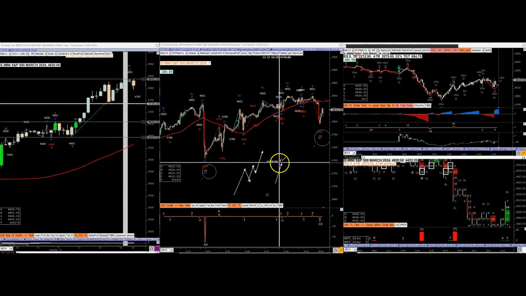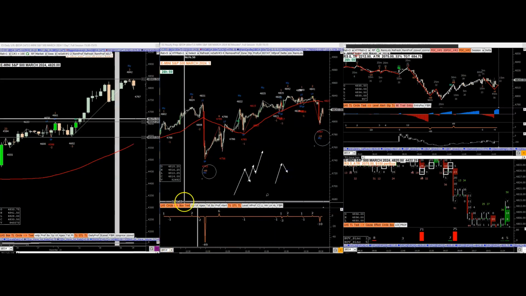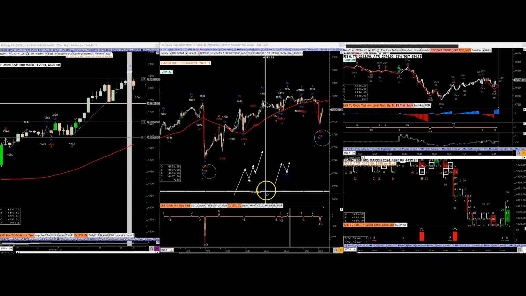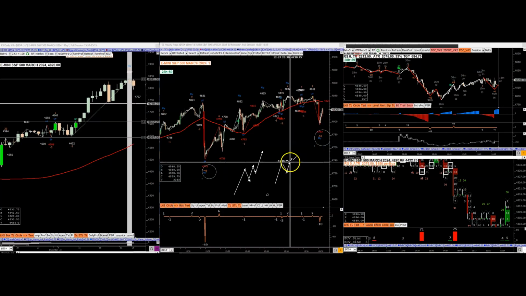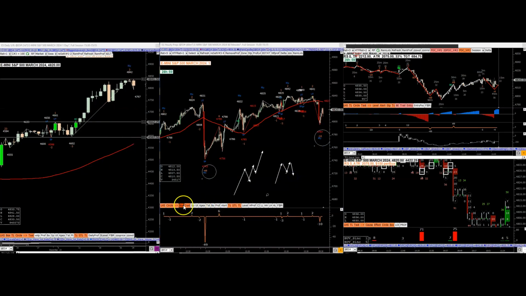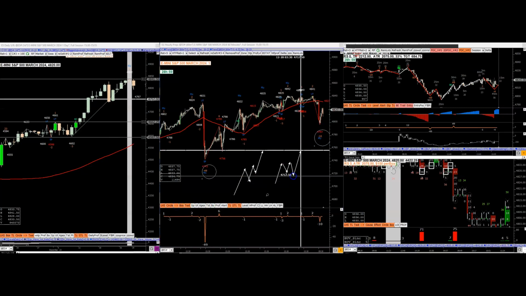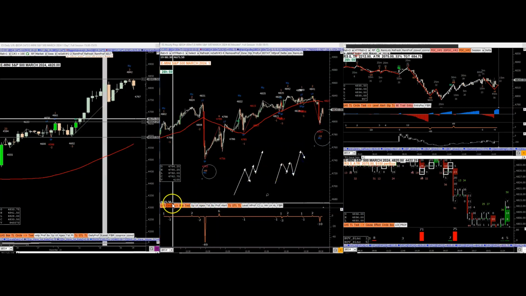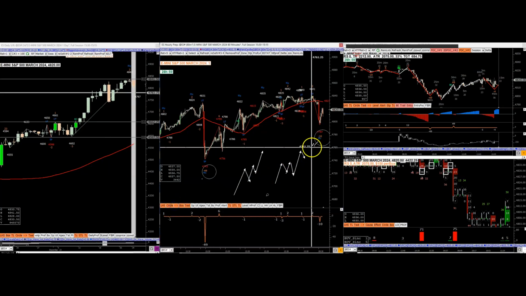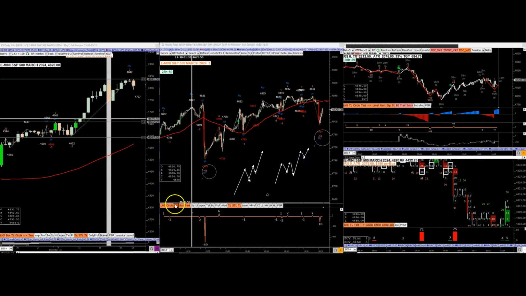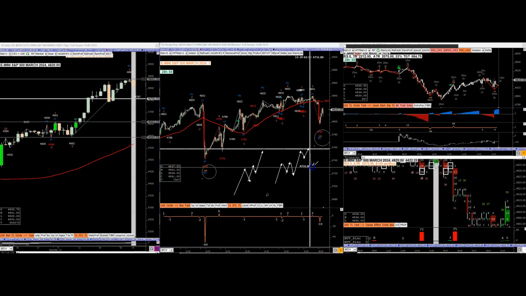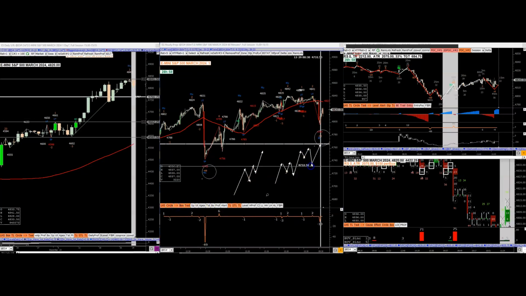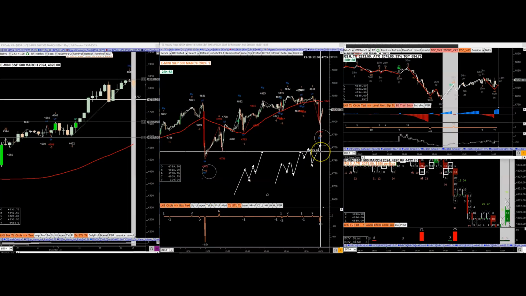And then you have a pullback. And then you have an upthrust, which typically sets up the spring, which typically sets up the rally. And then you might have another upthrust, probe the high. Then you have a nice spring. Then you have the higher high, or sometimes a retest and whatever.